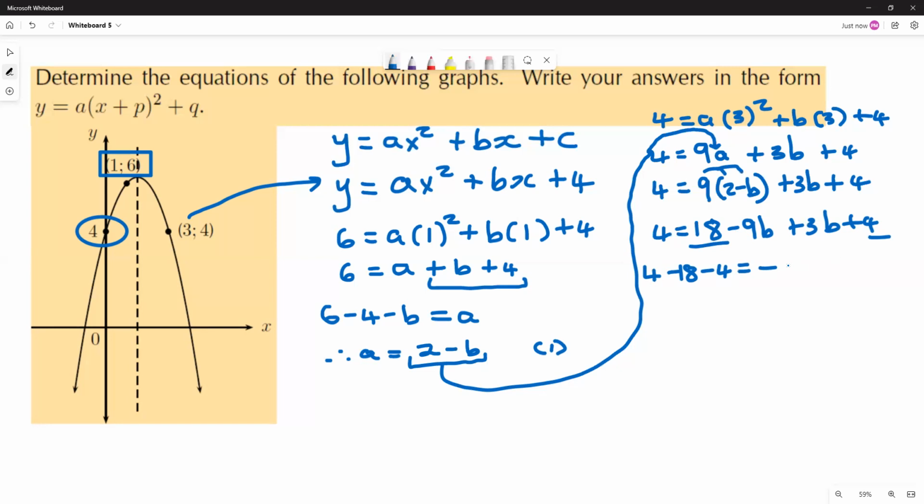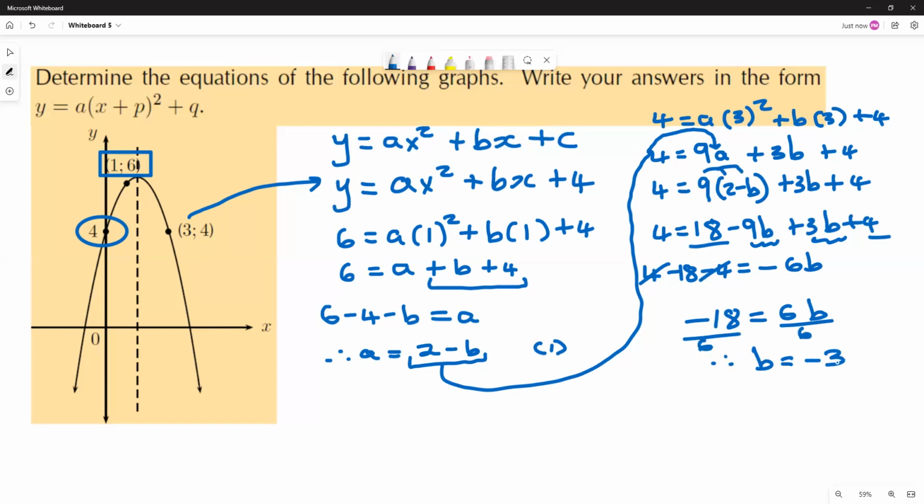Then you're going to have minus 6b when you add the like terms. Here you have this 4 canceling that one. So you're left with minus 18 equals 6b. Then you can see that your b is going to be -3, because you divide by 6 both sides to isolate the b.